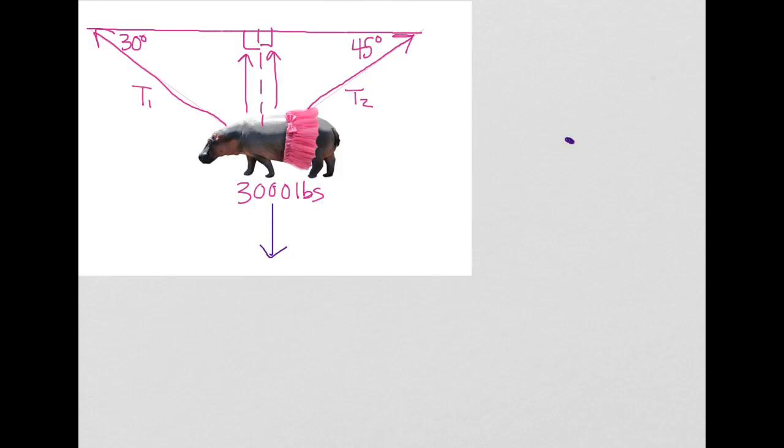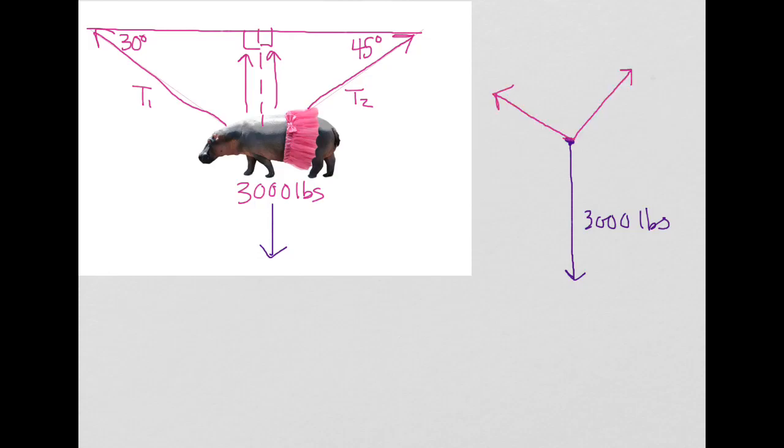We have our equilibrium point in the middle, our hippo, and we have the force of gravity going down, which is 3,000 pounds. And we have our two cables, T1 and T2, those forces going to the side.